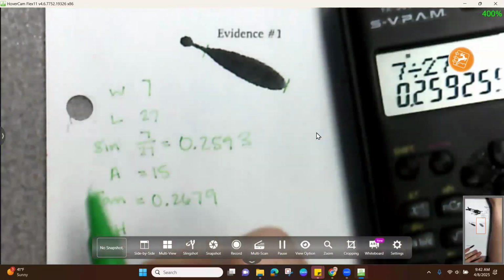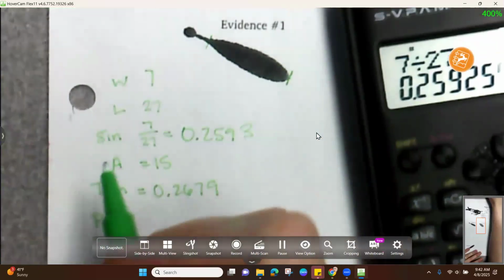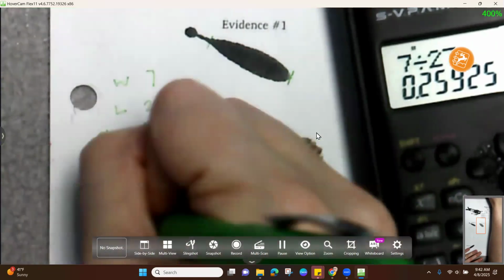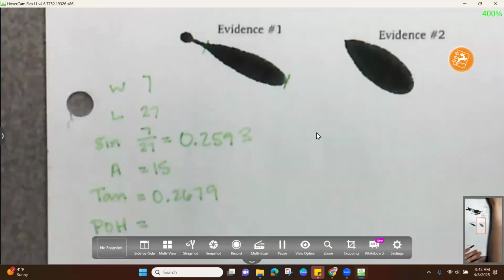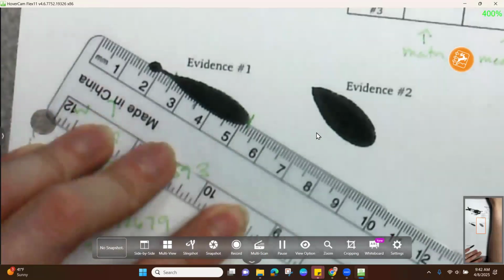And then we'll come back to the point of origin height in a bit. And then last for this blood drop, we are going to draw a line directly through the middle of it.